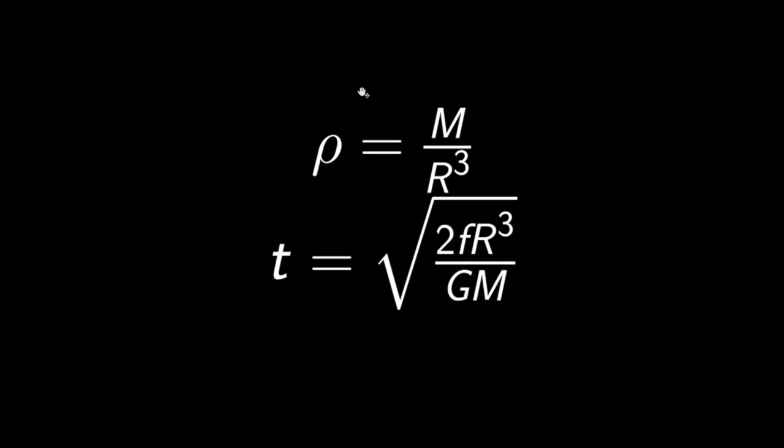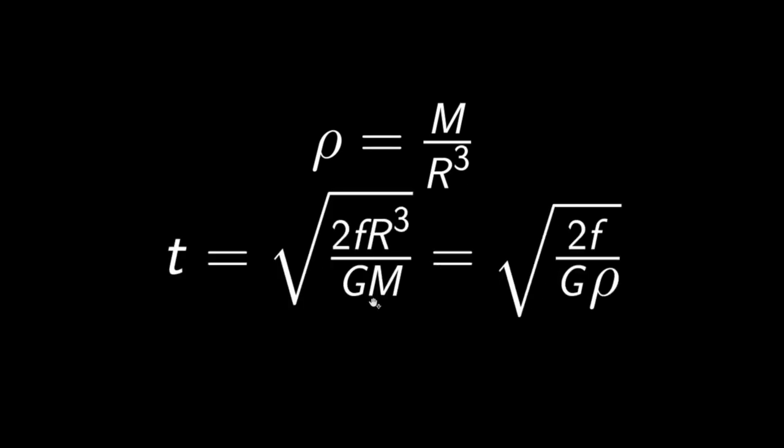So it turns out that knowing that the mass per radius cubed is a density, and we have the same thing here in the time, now we know that the time just depends on the density of the object. And this is the power of the freefall time.